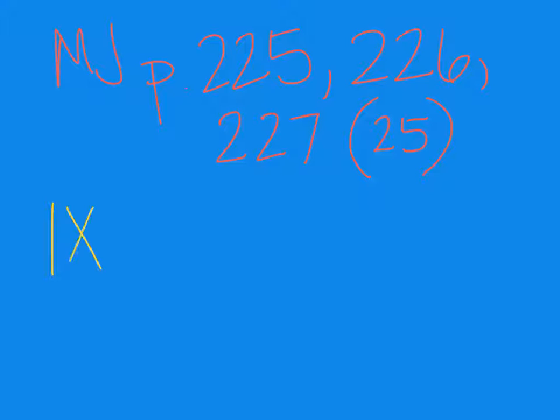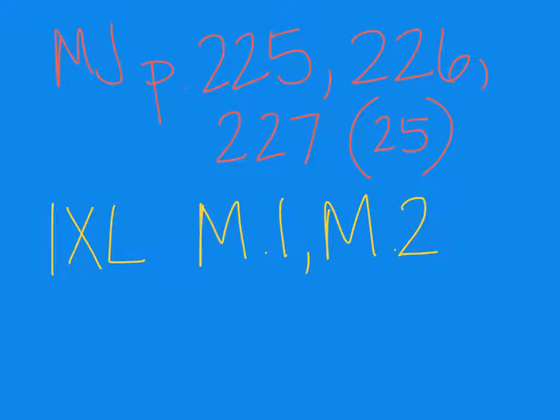On IXL, we're going to kind of reverse a little bit. We really need to make sure we understand integers, which is review from earlier in this unit. So you're going to try M1 or M2, or you could also do M3, just to get a grasp on some of these integers a bit better.